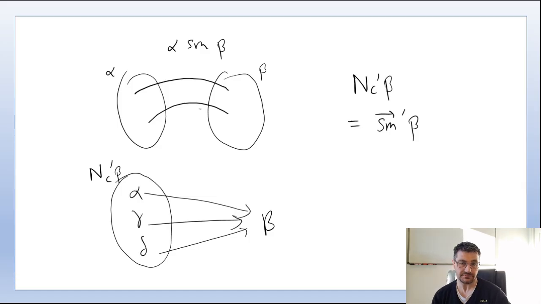So if alpha, gamma, delta, and so on are of the same type as beta, then the cardinal number that we're talking about here is a homogeneous cardinal. In fact, in that case, beta will also be in this class of classes. Okay, that's an important point which we'll need to refer to later on.